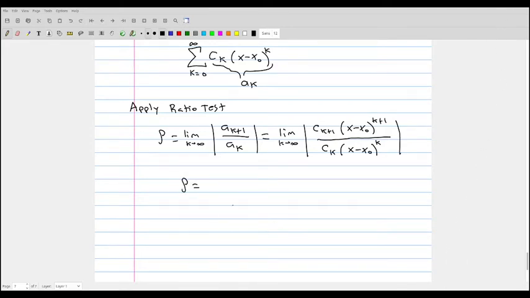This limit simplifies to the limit as k goes to infinity of the absolute value of c k plus 1 over c k, and x minus x naught to the k plus 1 over x minus x naught to the k is just going to be x minus x naught. So it'll be this times the absolute value of x minus x naught.